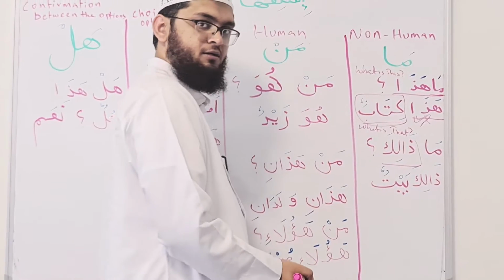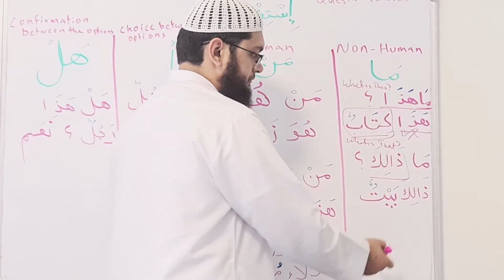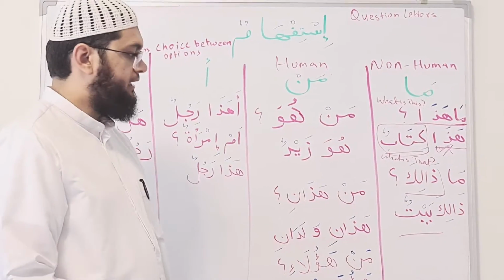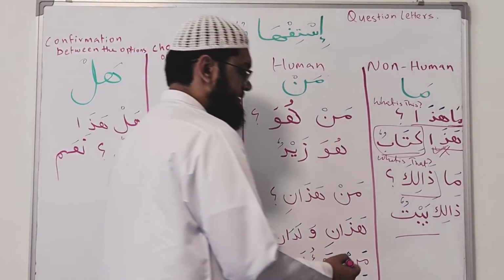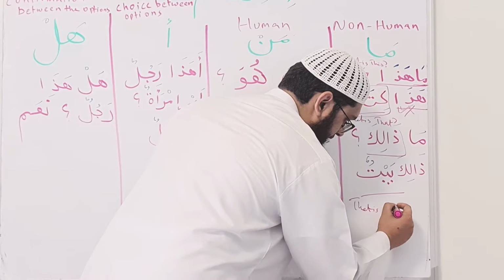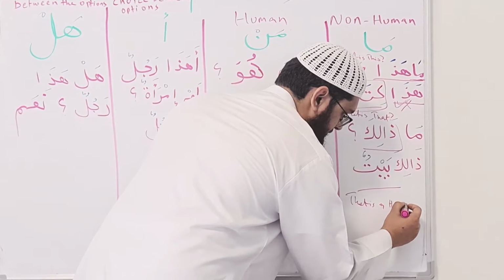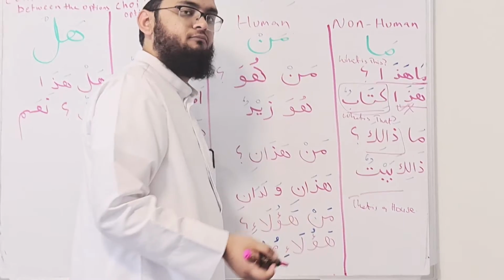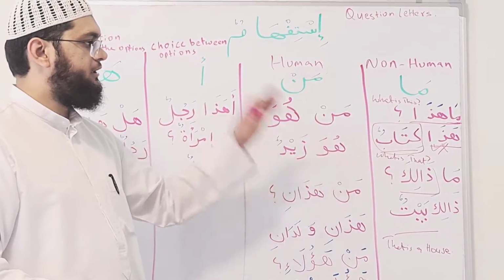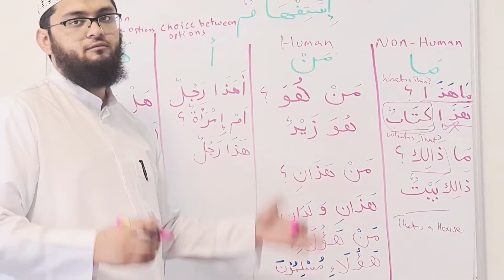So that thing, let's say for example, baytun, a house. Dhalika baytun. That is a house. Simple.